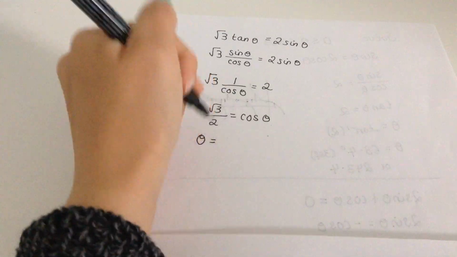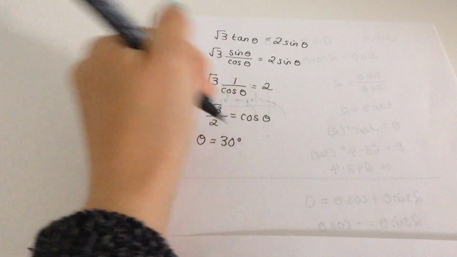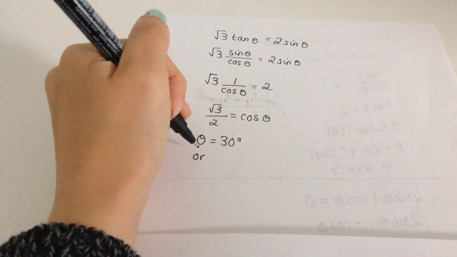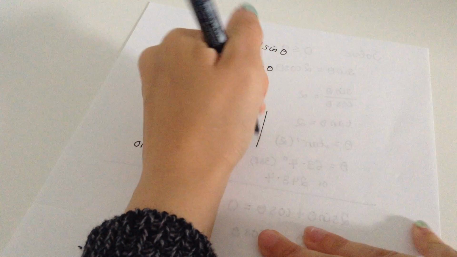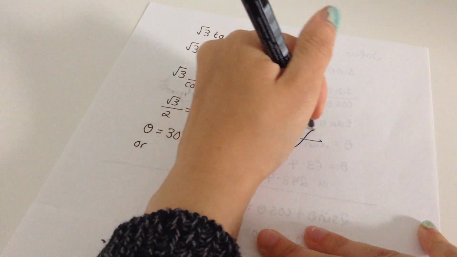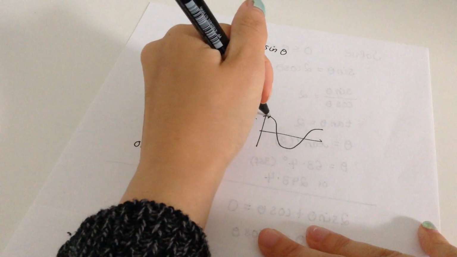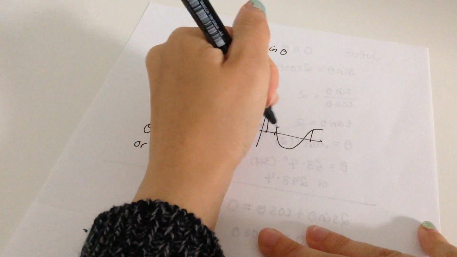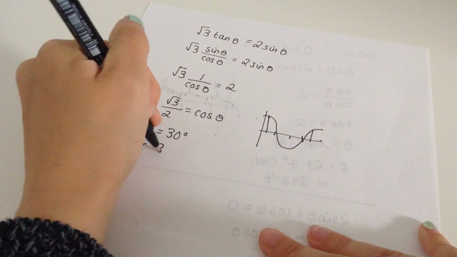Okay, so I don't even need a calculator for that. That is quite obviously 30 degrees. Or, let's quickly draw a cos graph. 30, what's there, 90, 180, 270, so it's going to be 300.